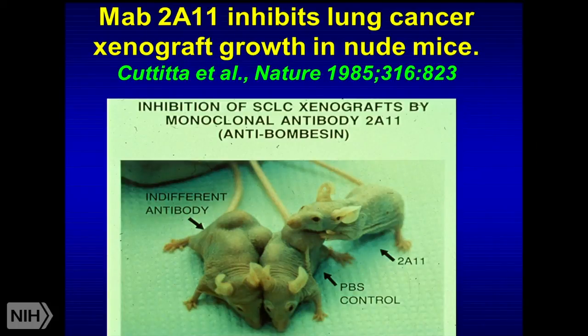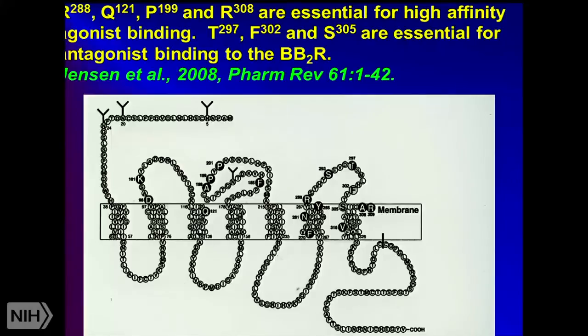And in nude mice, you got large tumors, but in animals given the antibody, the tumor size was greatly reduced. So subsequently, clinical trials were tried with this antibody, but it only worked in 1 out of 13 patients. So subsequent efforts were discontinued.